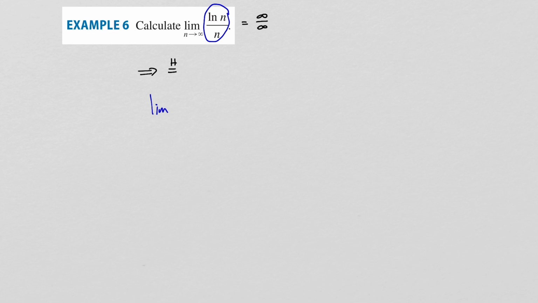So you're supposed to say the limit as x goes to infinity of the natural log of x over x is equal to, by L'Hopital's rule, the limit as x goes to infinity of the derivative of the natural log of x divided by the derivative of x, which is 1. And then this clearly goes to 0 because as x gets large, this gets really small. So you're supposed to do that.